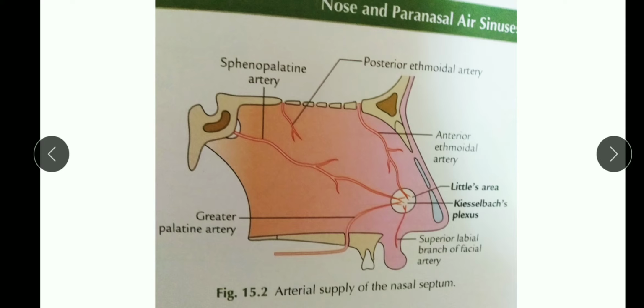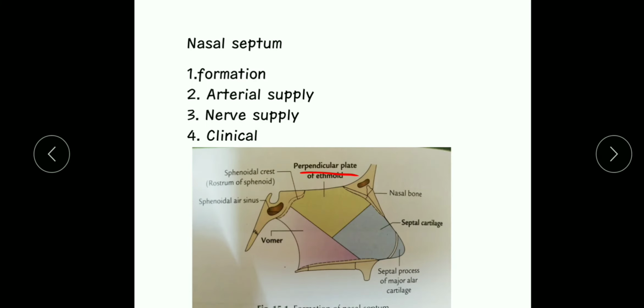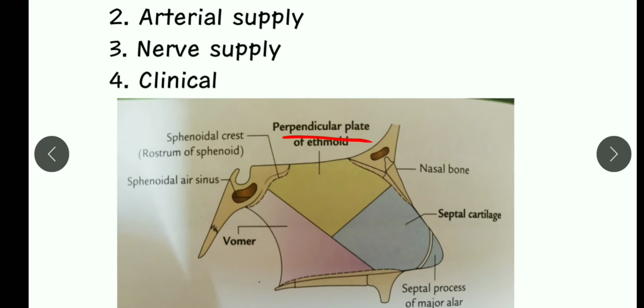So let's come back to the nasal septum. If we study its nerve supply, the anterior superior part is supplied by the anterior ethmoidal nerve, the anterior inferior part by the superior alveolar nerve, and the posterior part is supplied by branches coming from the pterygopalatine ganglion. The clinical aspects are DNS and epistaxis. What is DNS? DNS is deviated nasal septum.